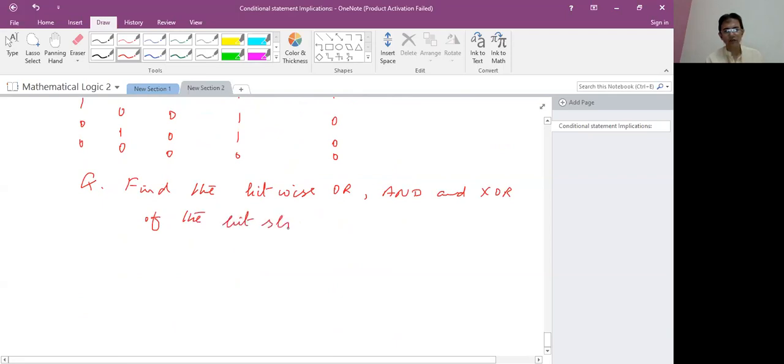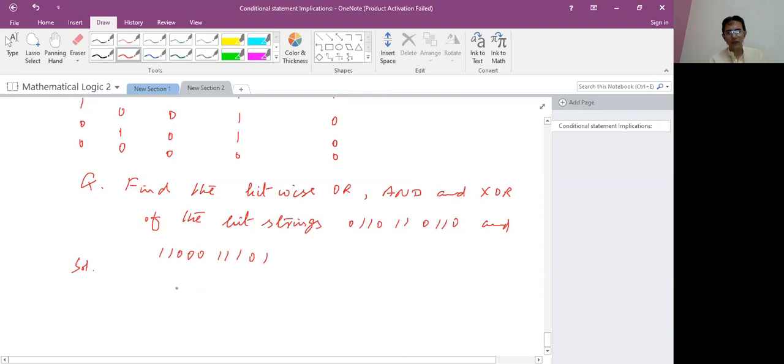You have been given, student, 0110110110 and the other string is 1100 then 1101. So these are the bit strings you have been given. Then we find the OR and the XOR.